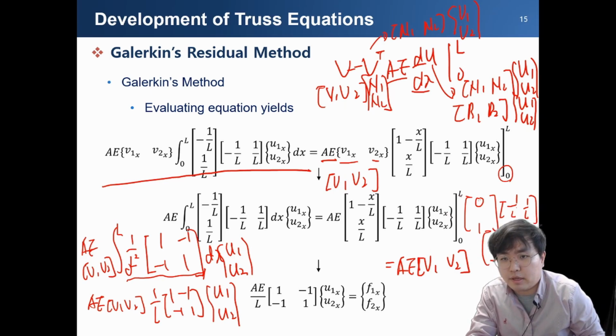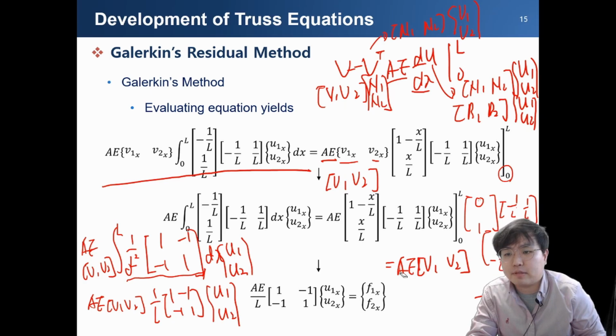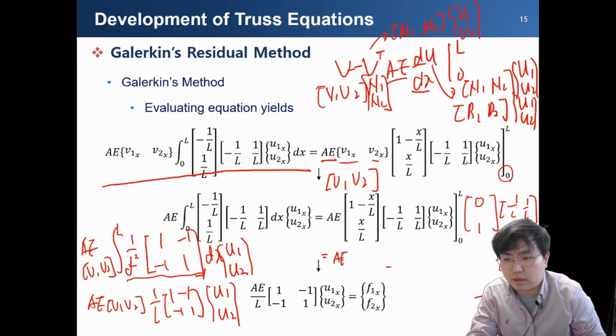And then minus, and this time this part, and it looks like this. Just do not forget AE v1 and v2, and then this part becomes the sum.